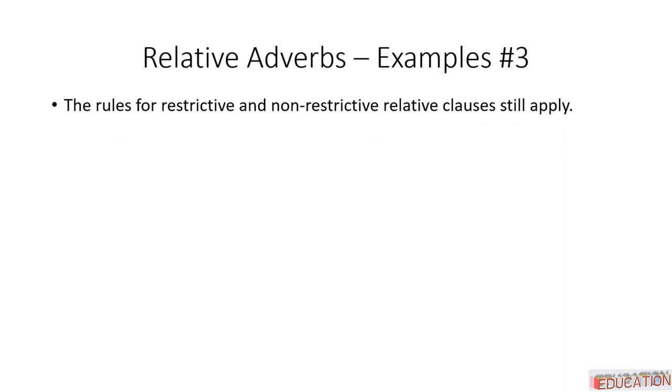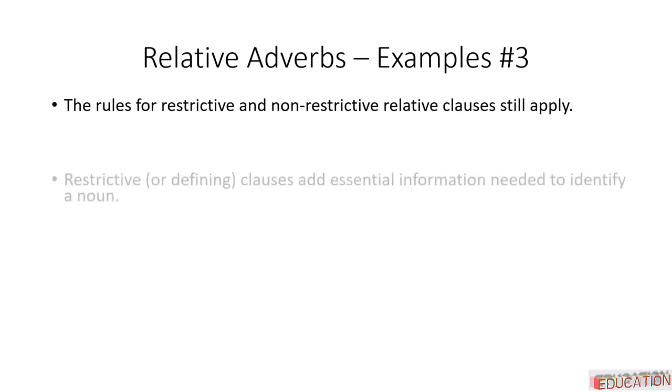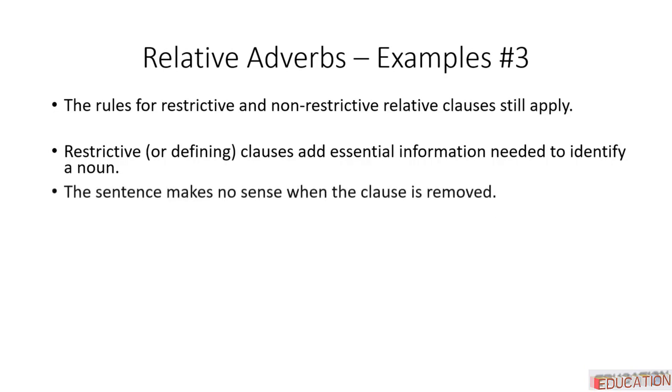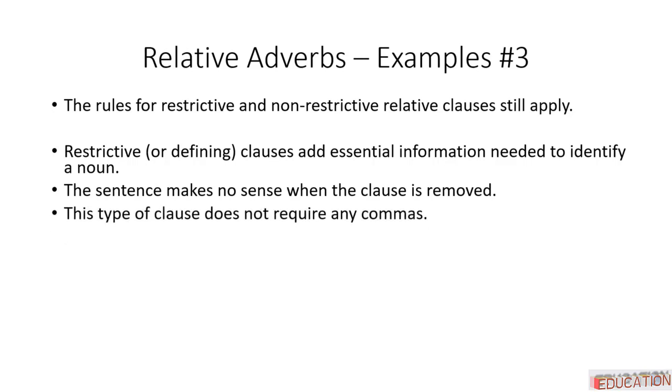And the rules for restrictive and non-restrictive clauses still apply here. So just as a reminder, a restrictive or defining clause adds essential information which we need to identify a noun. And if we remove this clause, the sentence either makes no sense or is missing important information. And when we do this, we need no commas.